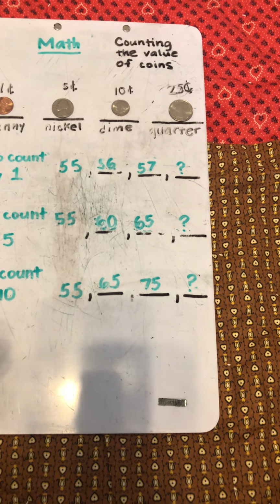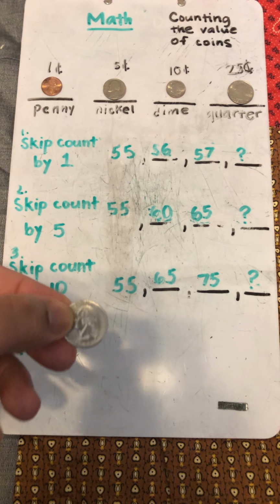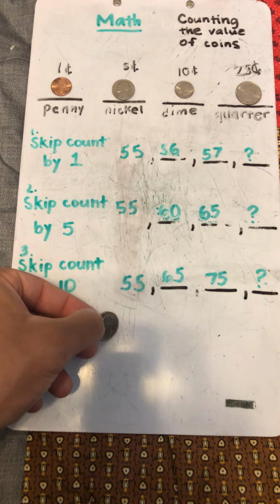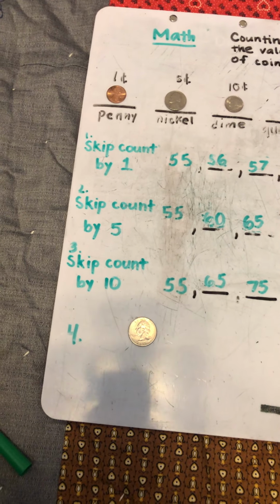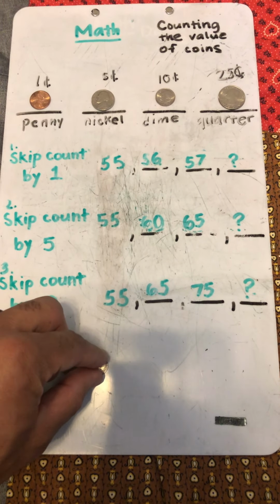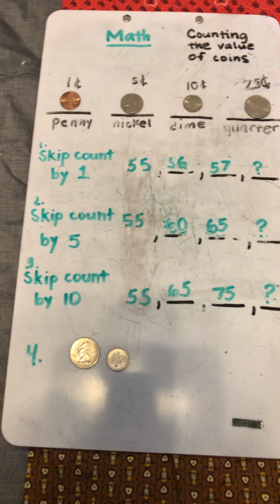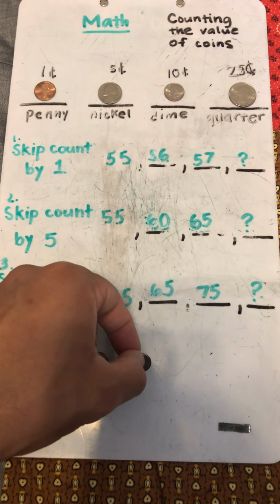So let's look at what I'm going to put down here. I'm going to start with this coin. From there, I'm going to add one of these very small coins. I'm going to add another one.